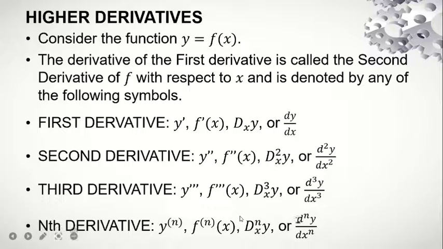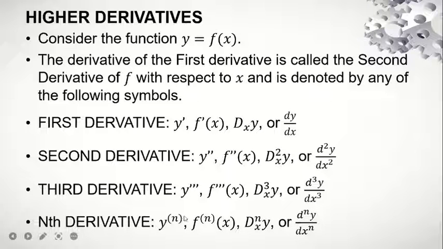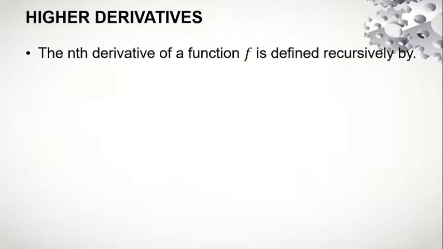How about the nth derivative? Of course, the n, where n represents any number, any real number, any positive number. Okay? So, the nth derivative of a function f is defined recursively by.